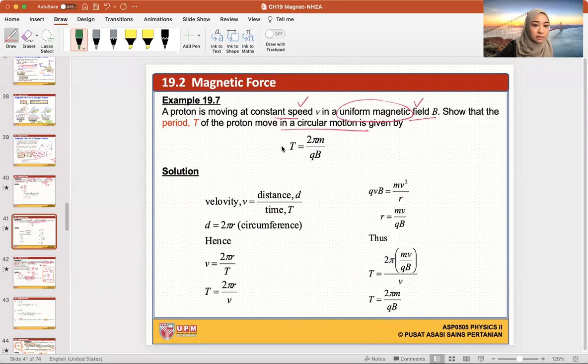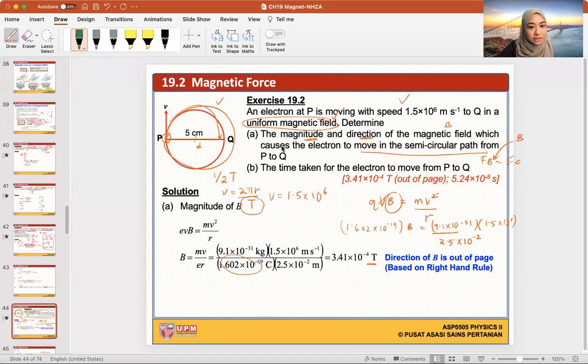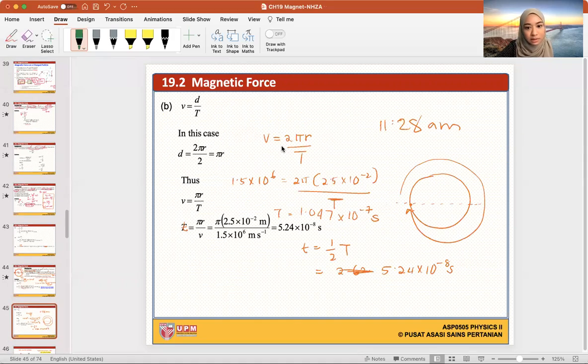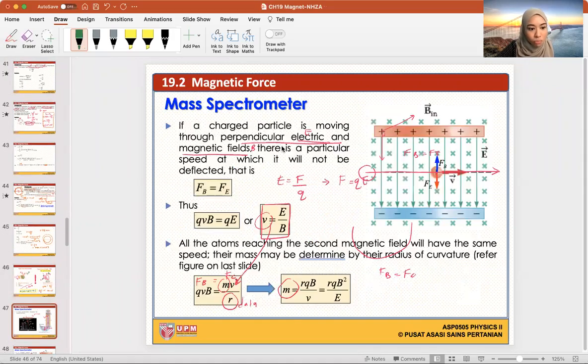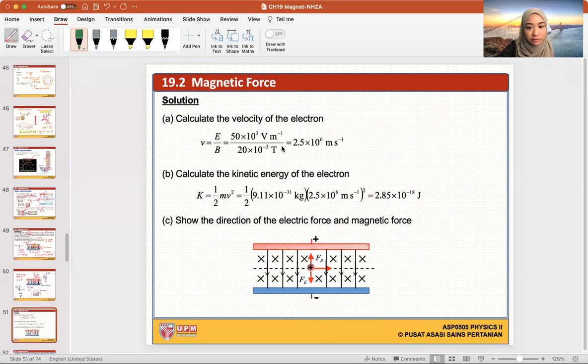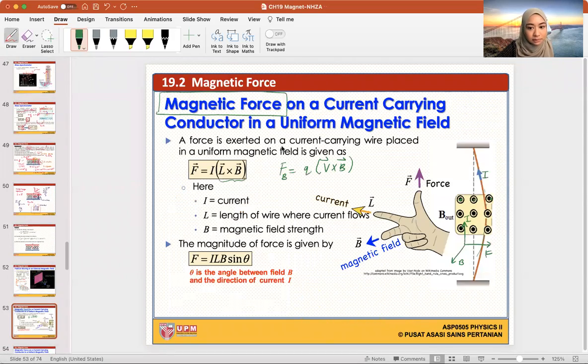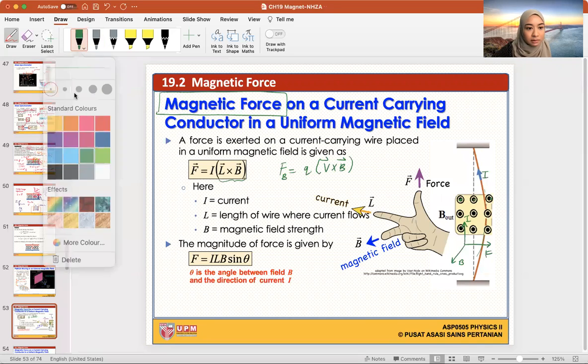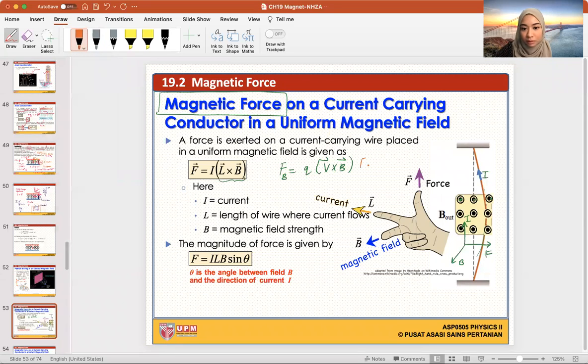Now, this is for today. We are not discussing about the single charge moving, but we are discussing in terms of a conductor. So here we have a length of conductor. This is the difference between the two equations. This was for a moving charge, hence why we have the Q. So that's your biggest hint, I guess.